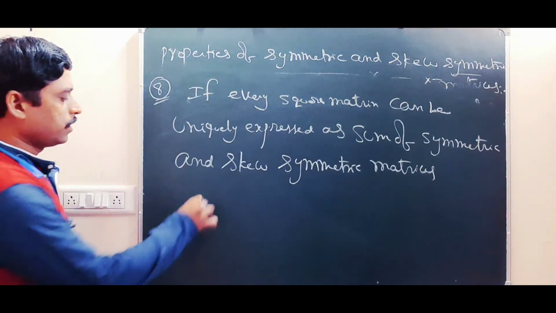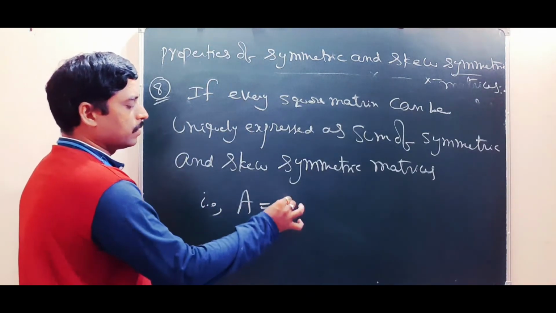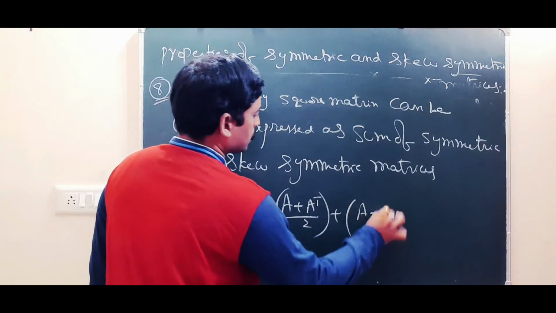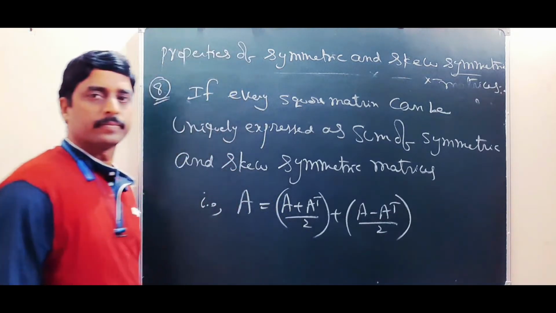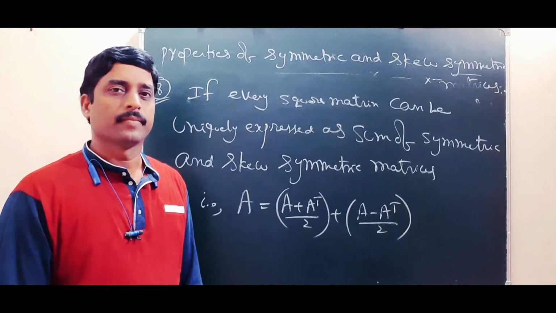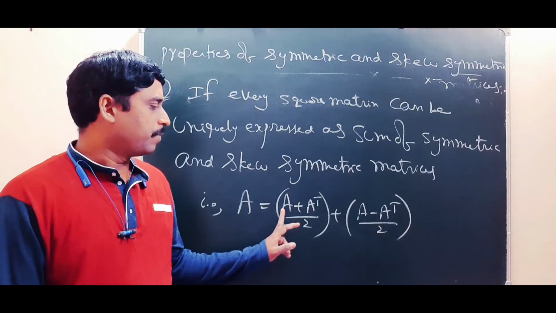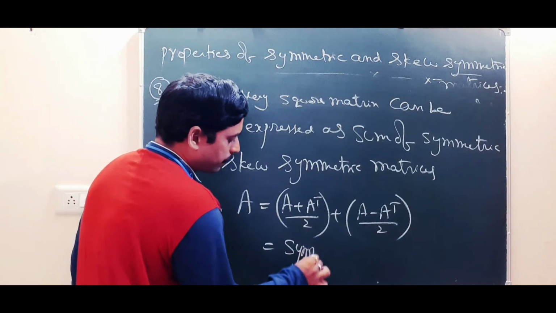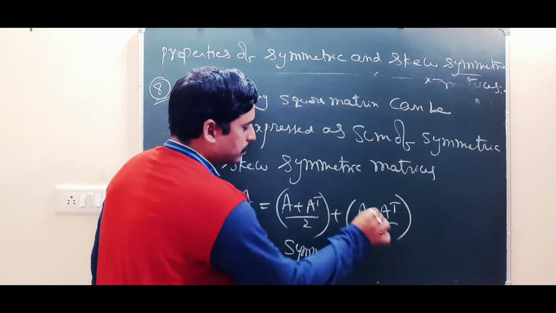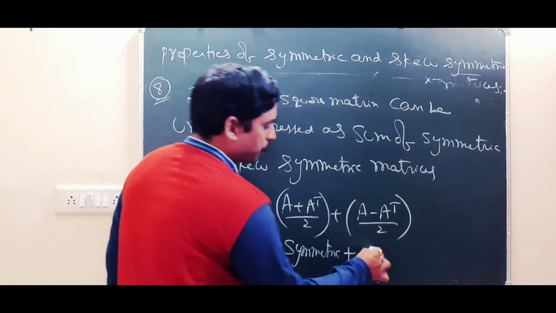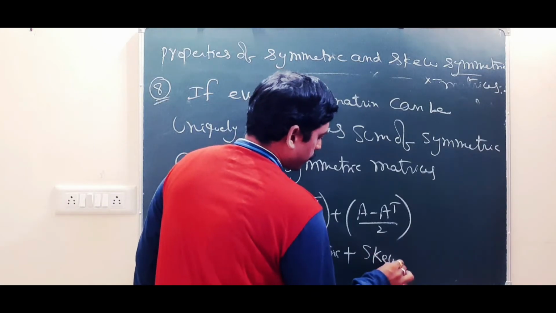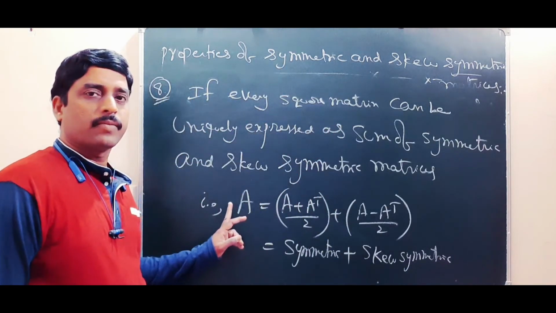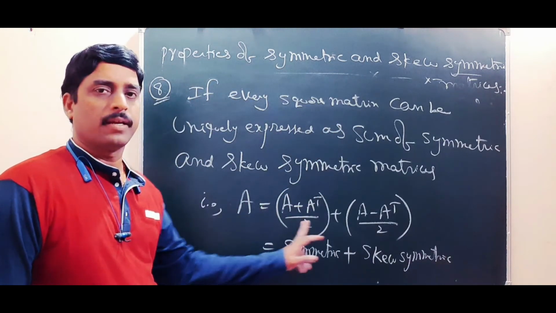That is, A is equal to (A plus A transpose)/2 plus (A minus A transpose)/2, where (A plus A transpose)/2 is a symmetric matrix, plus (A minus A transpose)/2 is skew symmetric. So any square matrix is uniquely expressed as a sum of symmetric and skew symmetric.